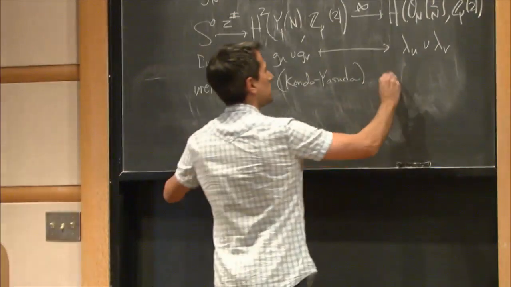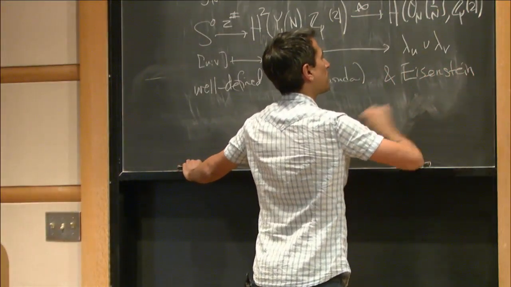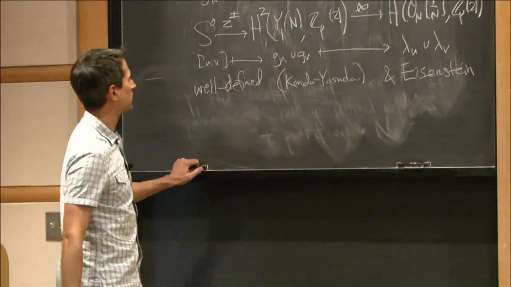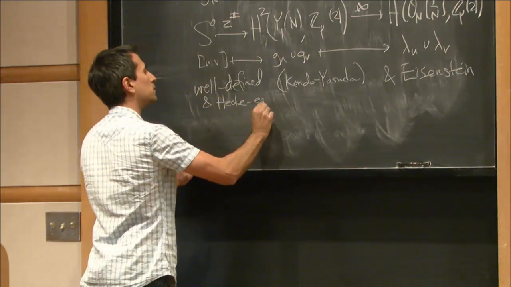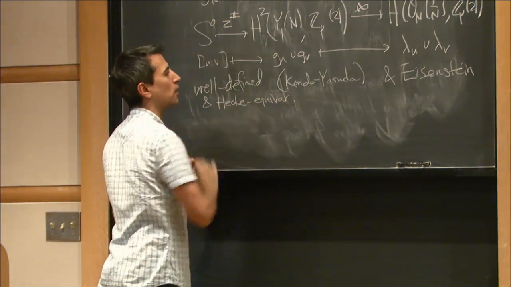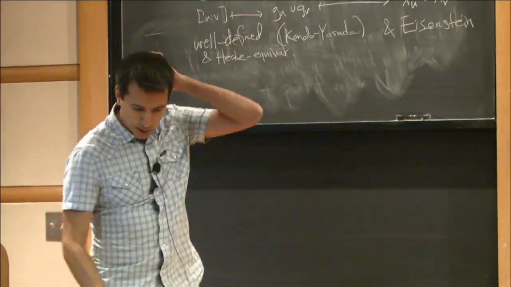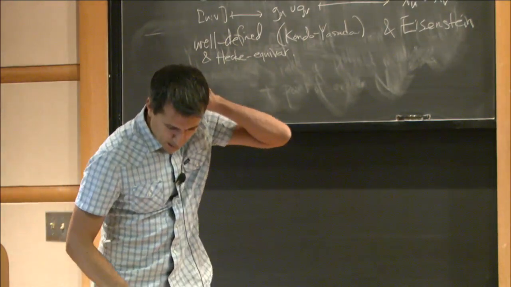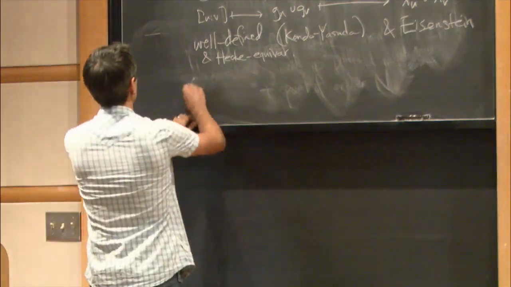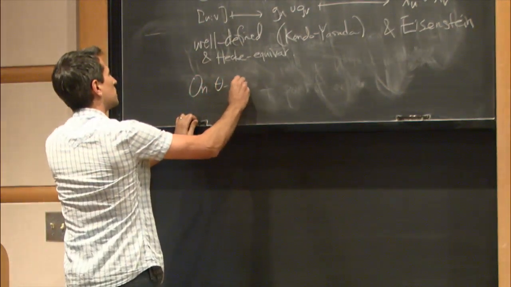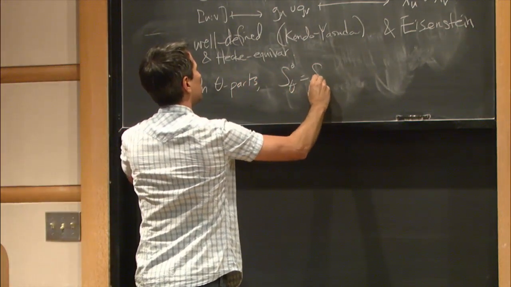And Eisenstein, because infinity is Eisenstein. So, right, well defined and Hecke equivariant, by Kondo and Yasuda. So that gives us a map var pi. It turns out that on theta parts, because we chose theta to be primitive, S naught theta is S theta.